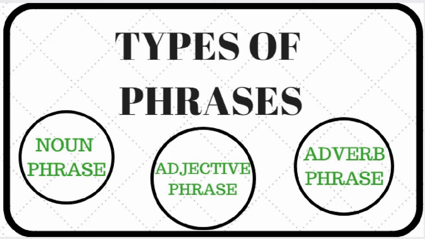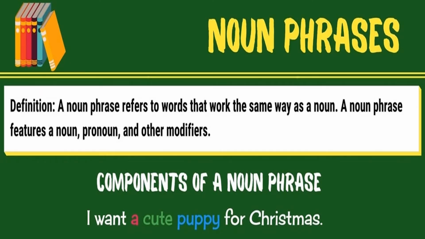Now, there are different types of phrases, but in class 8, we'll be reading about only 3 types: noun phrase, adjective phrase, and adverb phrase. Though we have prepositional phrases and infinitive phrases, for your class, we'll be studying 3 phrases. Now, what is a noun phrase?